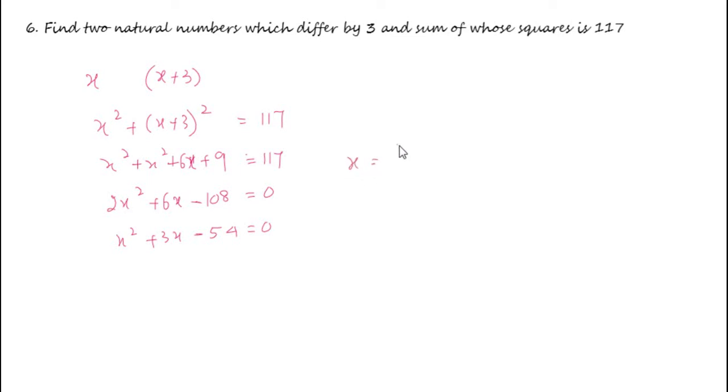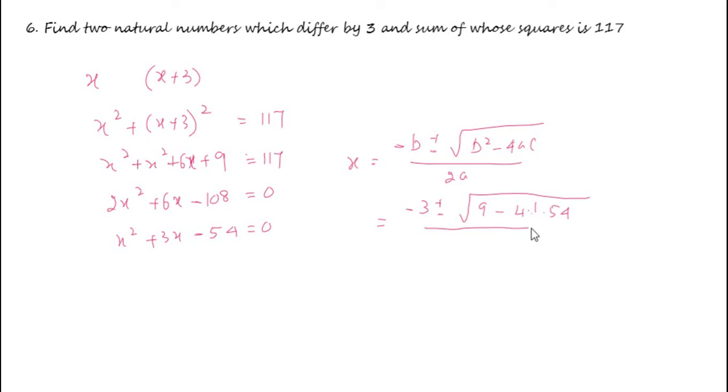X equal to minus b plus or minus square root of b square minus 4ac divided by 2a. Minus b here is minus 3 plus or minus square root of b square is 9 minus 4 into a is 1, c is minus 54, divided by 2.